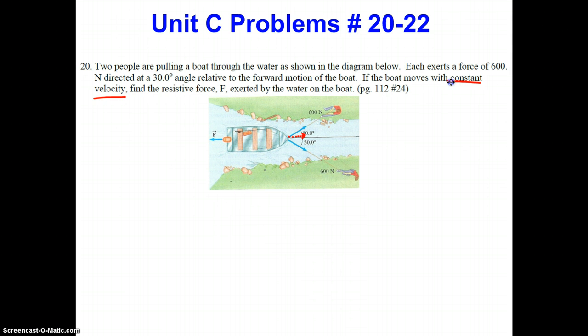And this top force would have an x component of 600 cosine of 30 degrees. And this bottom force would also have an x component of 600 cosine of 30 degrees.